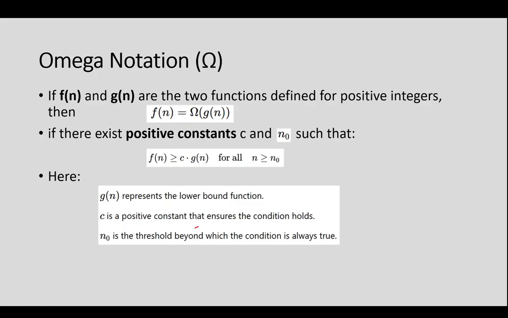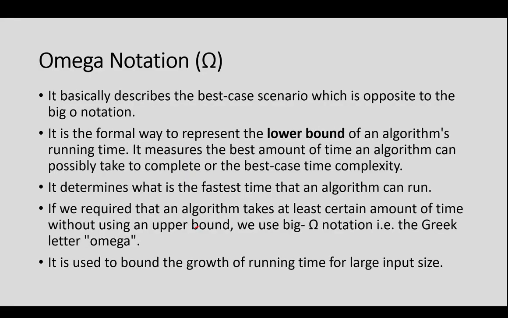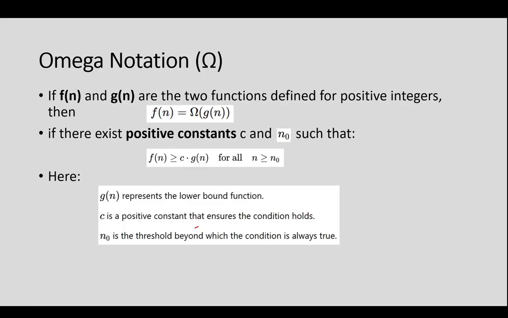Here, students, listen carefully to this one. Whenever I have two functions f of n and g of n, this is similar to what we solved earlier for big O notation.